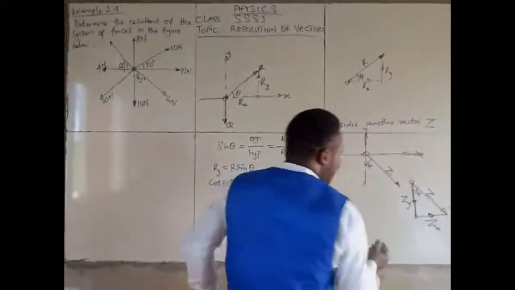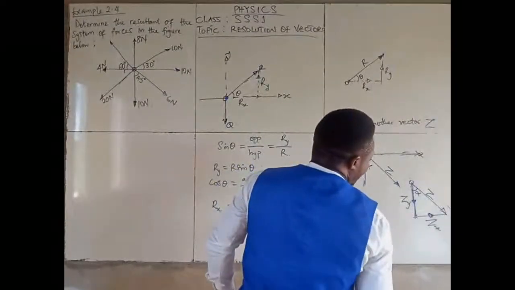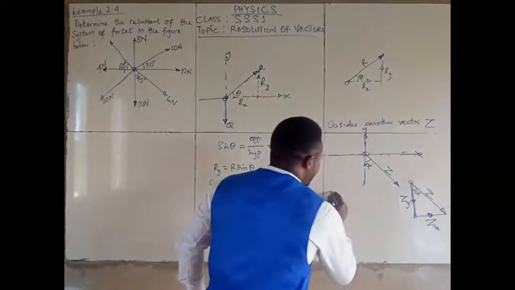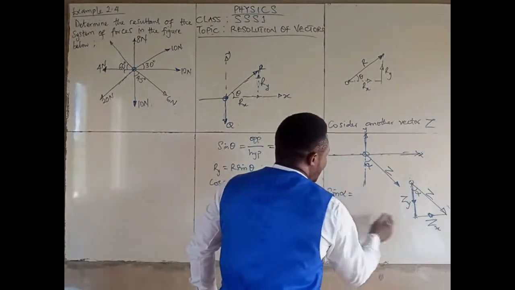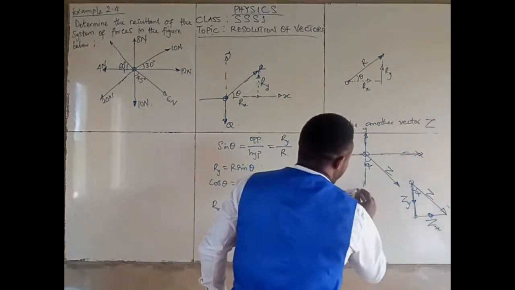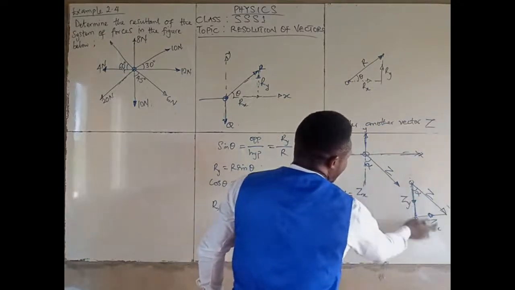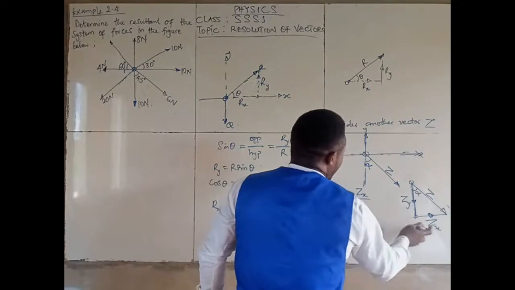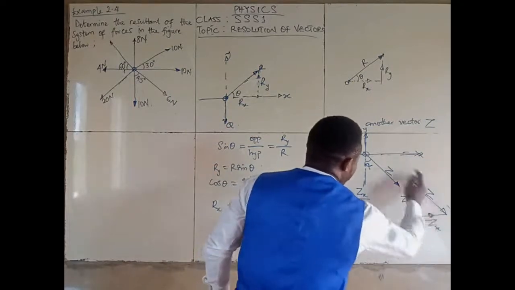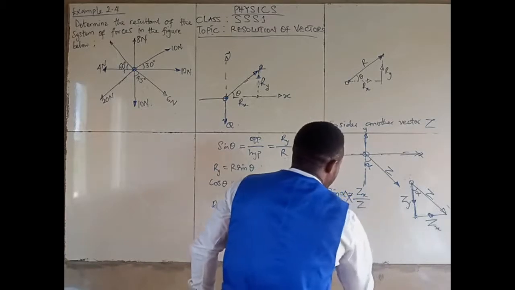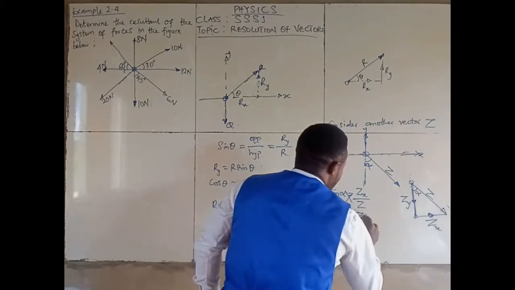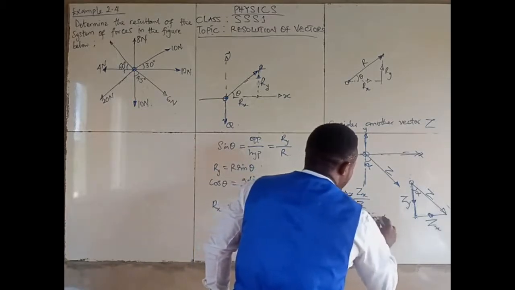Now let's see. Assuming I want to find Zx now. Sine alpha is equal to the opposite of alpha, which is my Zx this time around, all over the hypotenuse, which is capital Z. Cross multiply, and you get Zx equals Z sine alpha.